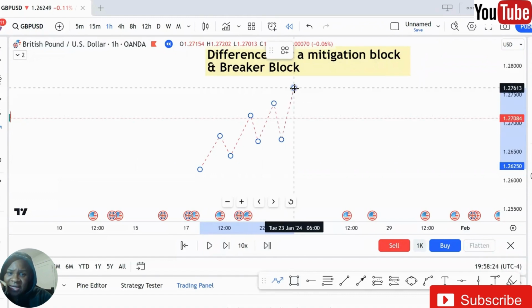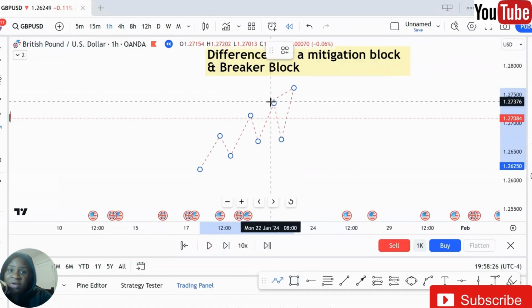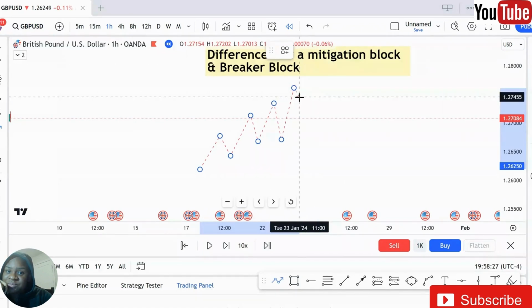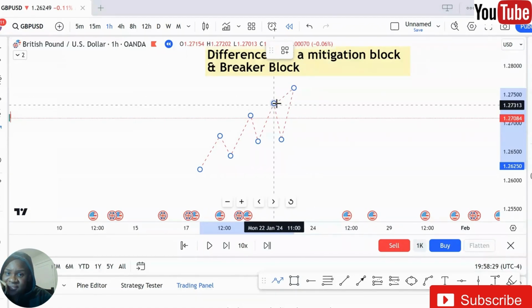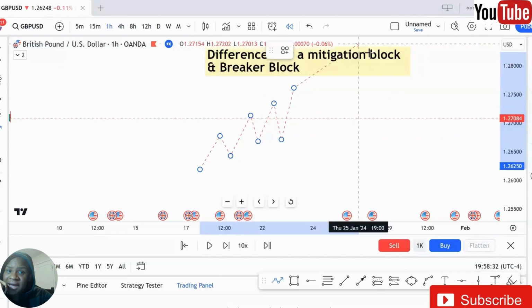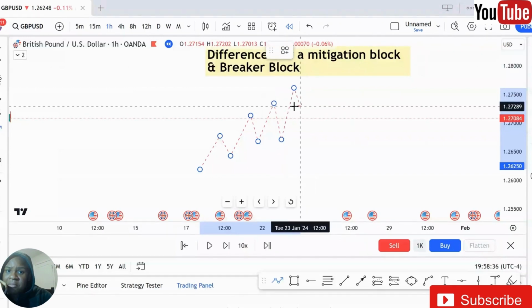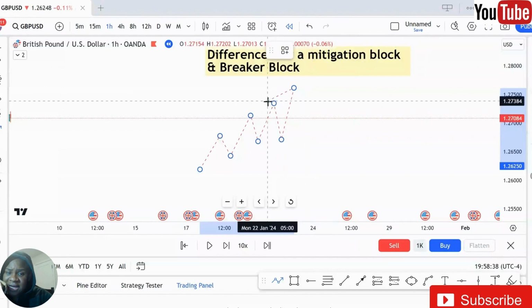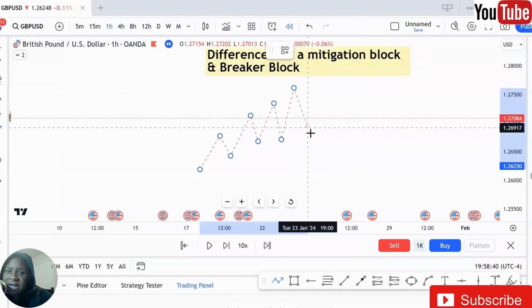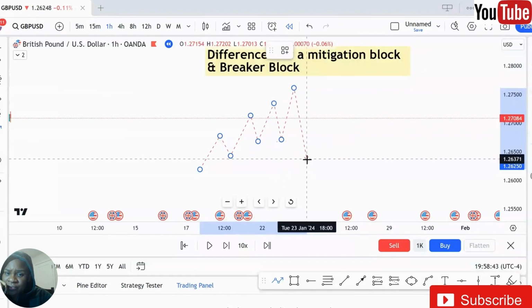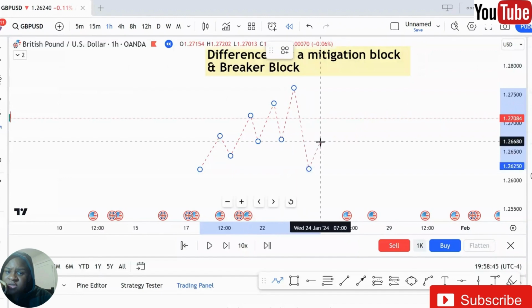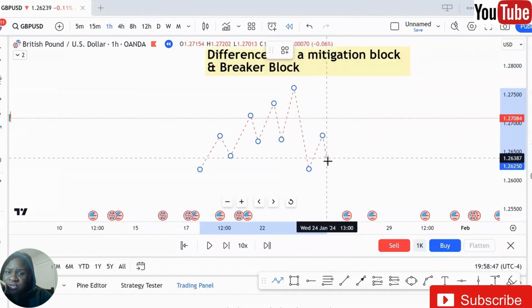And higher high again. But now for a breaker block, market is breaking the higher high. You know, for a mitigation block, market did not break the higher high, market stopped halfway. Do you get? But for a breaker block, market is breaking the higher high, market now goes and breaks the higher low and comes back and retests it and continues direction.